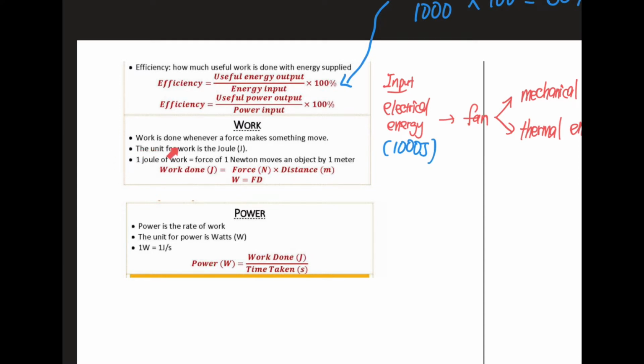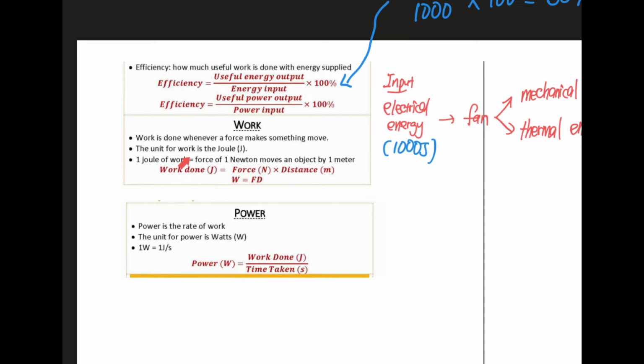The unit for work is the joule, and they try to explain 1 joule of work. When this is 1, the force is 1 Newton and the distance is 1 meter. So that's why you see the words: a force of 1 Newton moves an object by 1 meter, then it creates 1 joule of work.